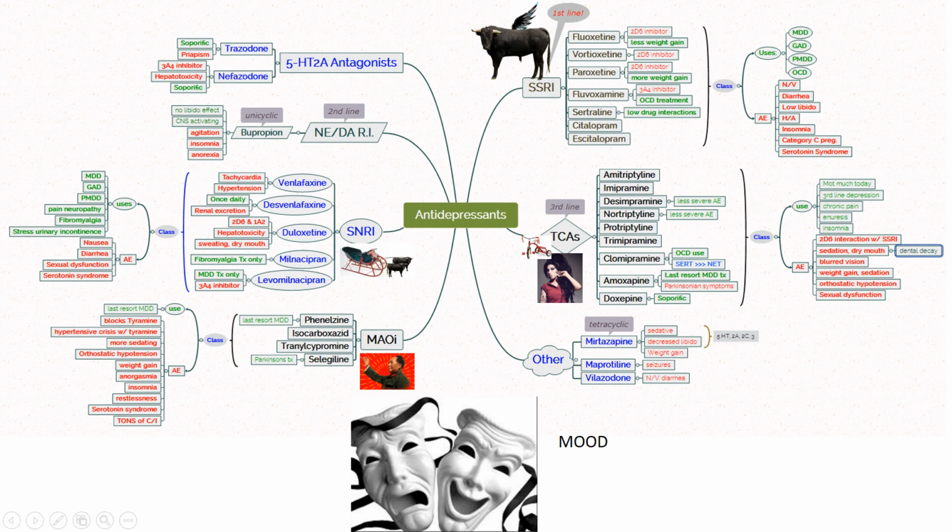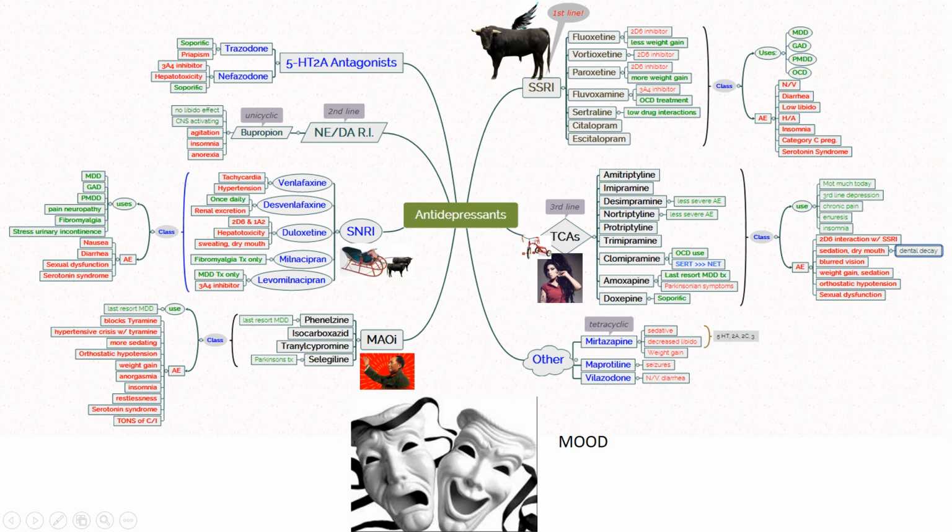See how I have the SSRIs over here, the TCAs over here, the MAOIs over here, the SNRIs over here. Let me explain really quick what these mean. I'll go into more depth later. This is a flying ox, or a flu ox, the ox that flew, because it has a wing. There's fluoxetine. Remember it there.